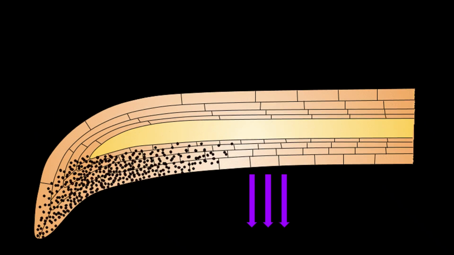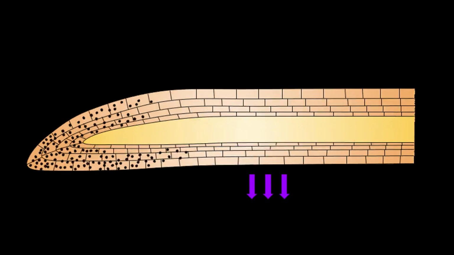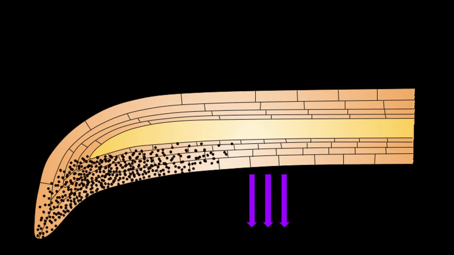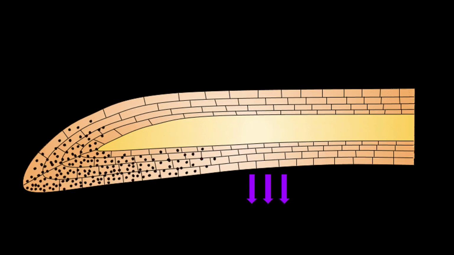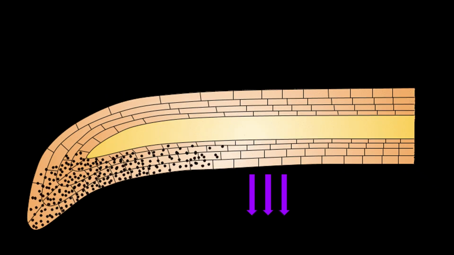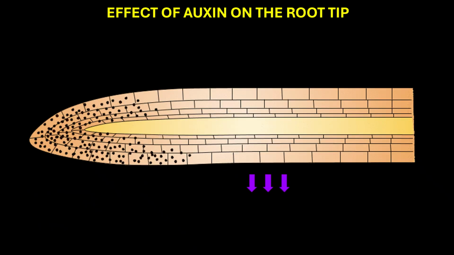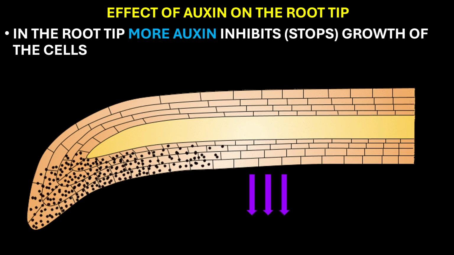You can see the black dots, they increase in level on the lower side, and then it causes the cells to remain smaller. But if you check the top, you can see the rectangles stretch, they become longer, telling you that auxins flow down under gravity, and it actually inhibits or stops growth of cells.